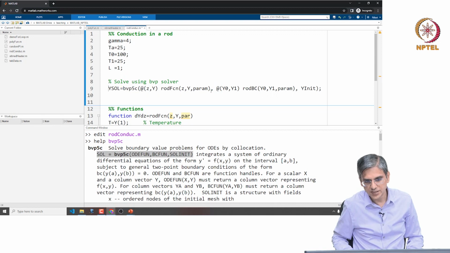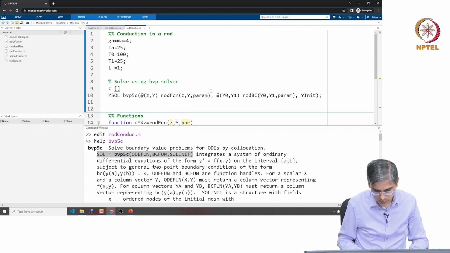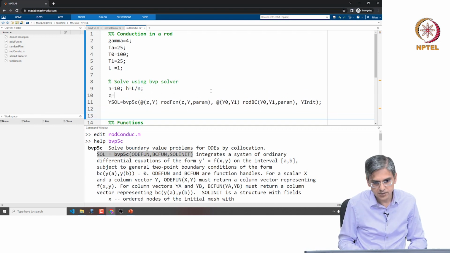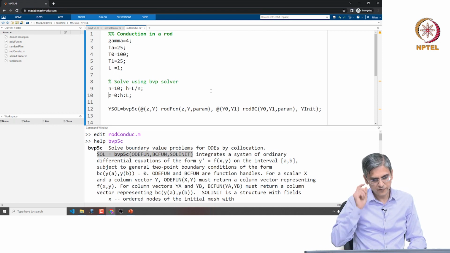Okay. Now, let us say we want the solution at, let us say we want number of points is 10. So the step size is h equal to L by n. Okay. So z is going to be equal to 0 in steps of h up to L. That is the value of z.